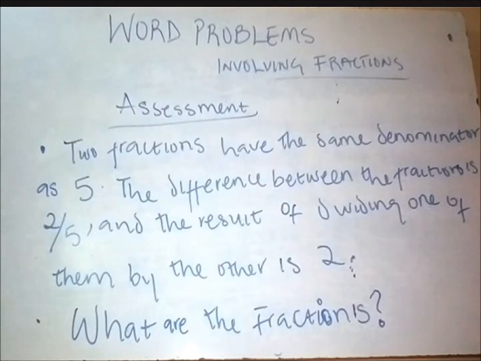Then the second fraction, let's say it has its numerator as y, then its denominator will be 5, so it's y over 5. So basically the two fractions are x over 5, y over 5, but that's not exactly a number, so we're looking for what x and y is basically. So let's just look at that.